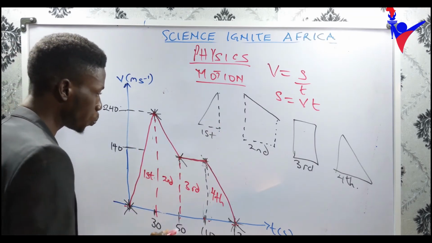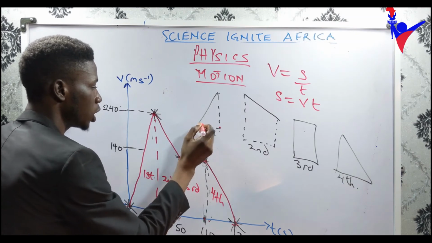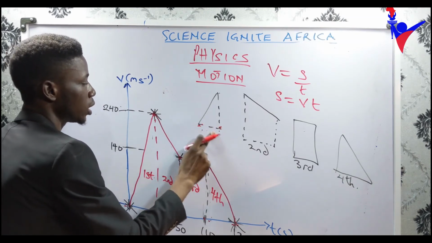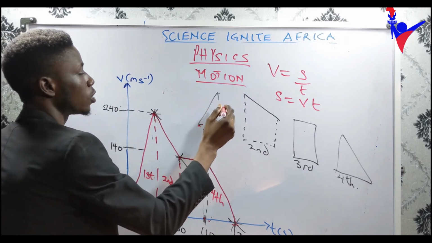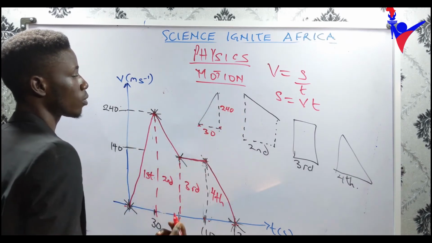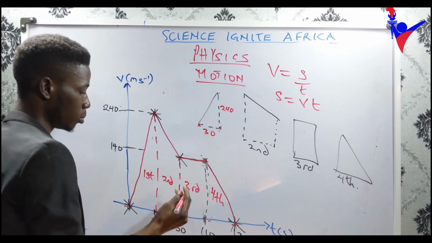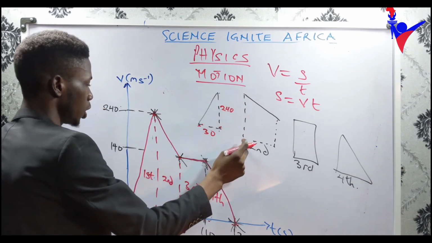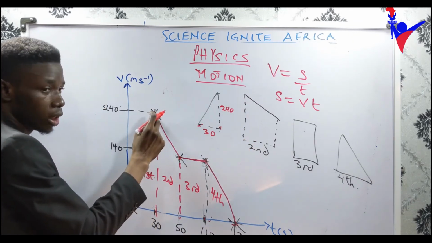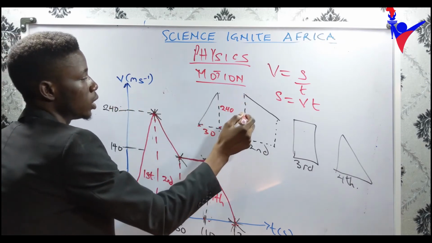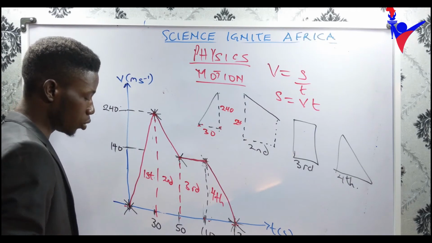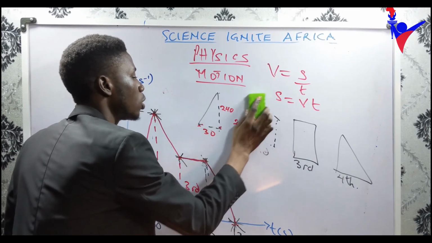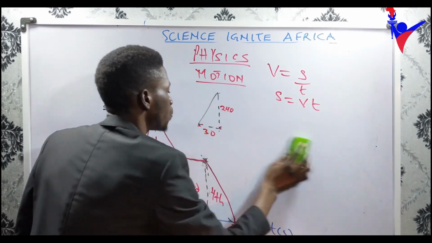So for the first case, the time, which is the range from here to here, is 30, and for the height we'll have 240. If you come to this trapezium, from here to here, if you mark that out, this place is also 240. So perhaps I should do it one by one so that we can see it clearly.